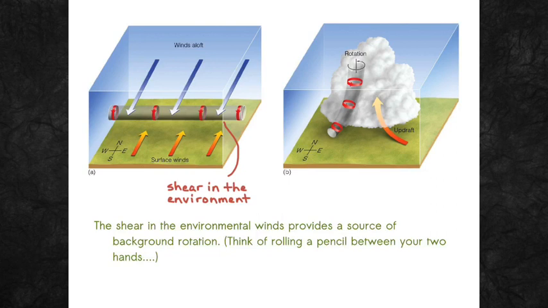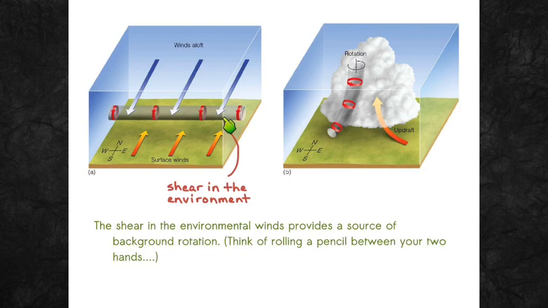That's representing the shear associated with the winds. And so what's going to happen to that pencil that's stuck between your two hands? Well, as you move them like that, the pencil's going to roll. And that's just indicating that this shear associated with the environment is, in a sense, a form of rotation, right? It causes that pencil to roll that's stuck in between your hands. So it's actually sort of a source of rotation.